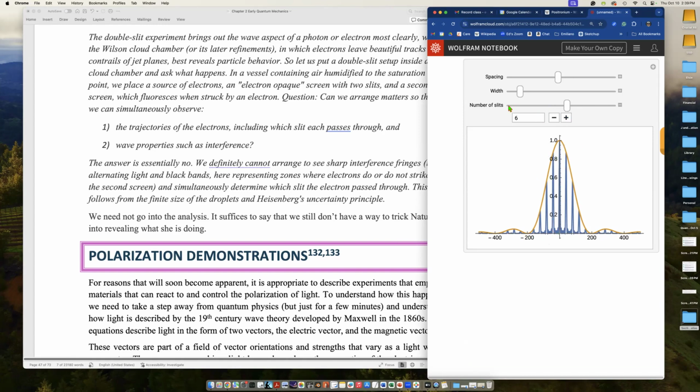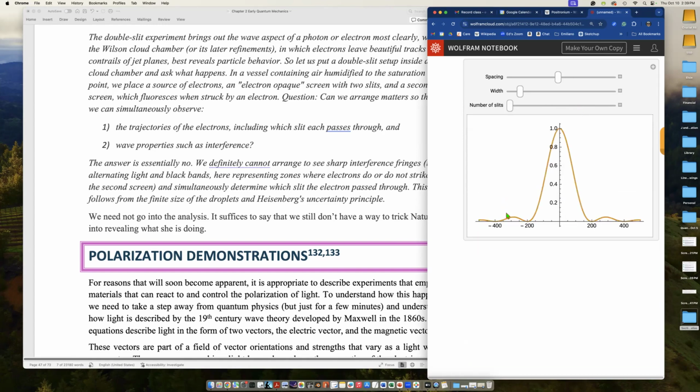So let's go back to one slit. If you add these little bumps here and this big bump here, you add up all the energy that came to the double slit. So if you add this up, let's call that 100%. Now, let me change some values here. We're going to go to 2 slits.